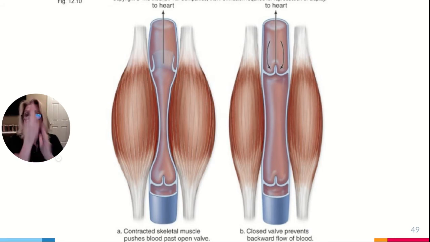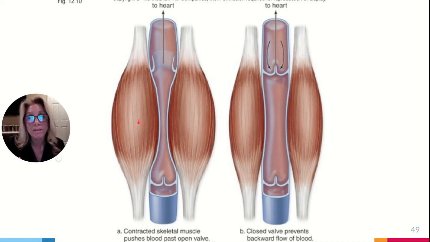So the blood has to go somewhere, and it can only move in one direction because of these valves. So veins, blood flow due to skeletal muscle contractions pushing on venule walls, valves, and like your breathing movement. That helps too. The change in pressure also helps. Okay, but focus on the valves.